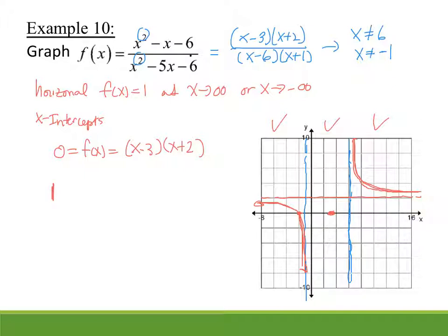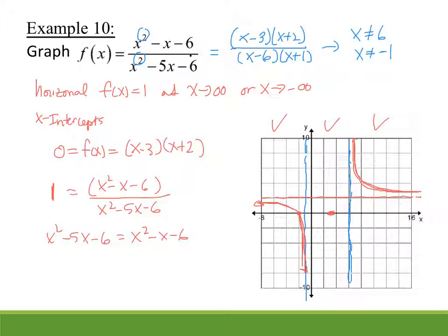So 1 is equal to x squared minus x minus 6 divided by x squared minus 5x minus 6. Now we get x squared minus 5x minus 6 is equal to x squared minus x minus 6.